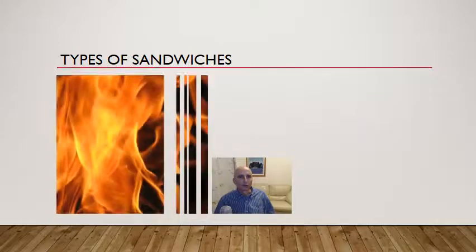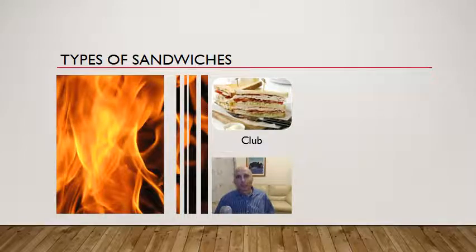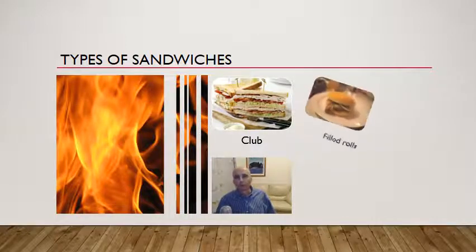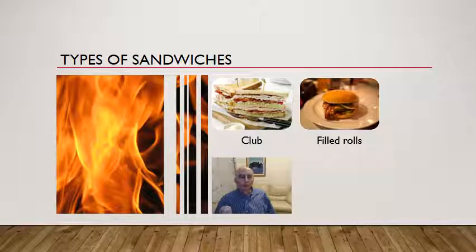I don't know anyone who doesn't know a good type of hot sandwich. So let's have a look. Club sandwiches are one of those mainstays in 5-star hotels. They are the world round. They are beautiful chicken, turkey with tomato and lettuce between slices of toasted bread, usually served with chips. Filled rolls.